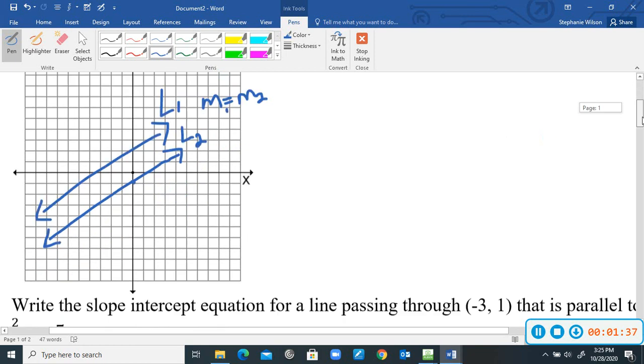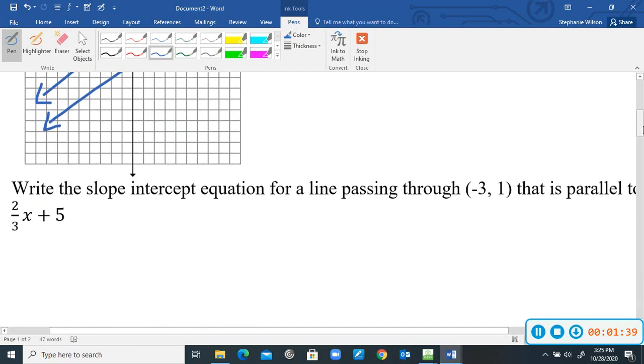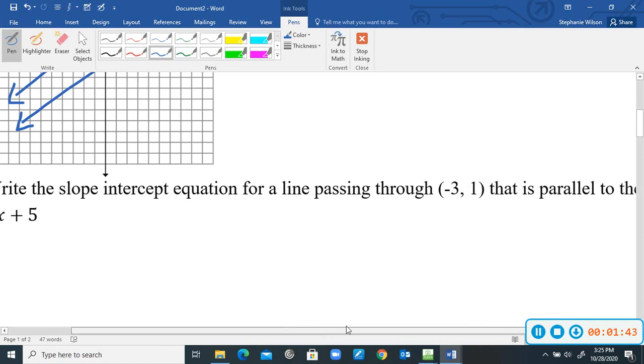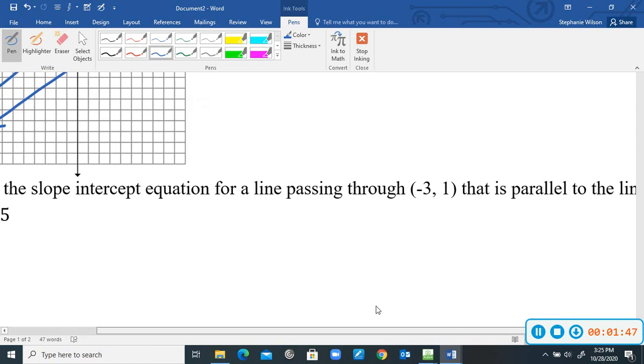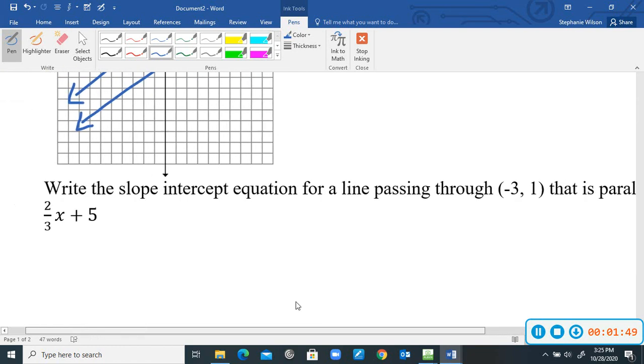I have an application problem here that says write the slope-intercept equation for a line passing through these points. Before I read the whole thing out, I'm going to write this up where I have a column for line 1, L subscript 1.